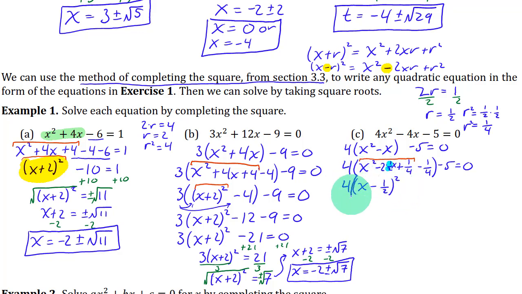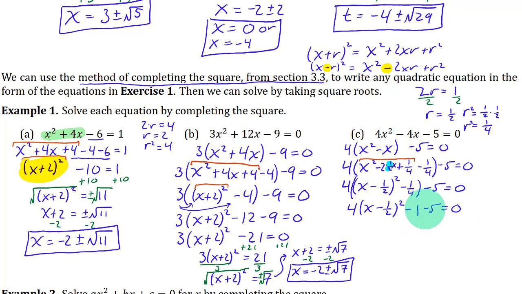And there's still the parentheses on the outside here with that minus 1/4 in there. And then that minus 5 equals 0. Alright, so then we're going to distribute the 4 in here. That's going to give you 4 times x minus 1/2, quantity squared. 4 times negative 1/4 just cancels out to give you minus 1. We still have that minus 5 here.